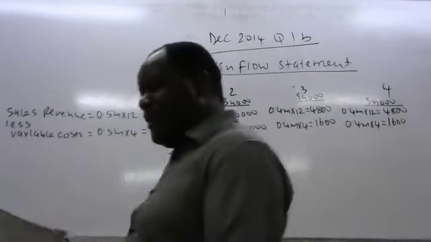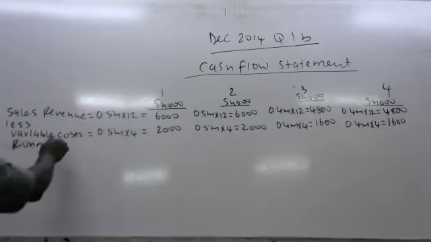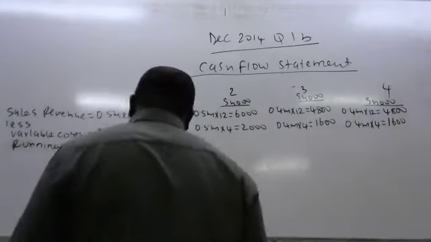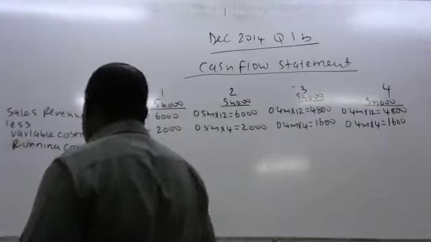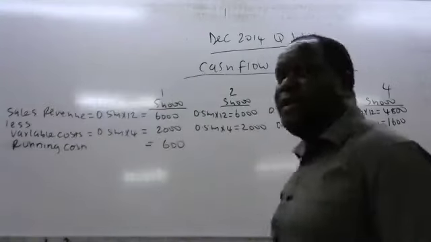Then apart from the variable costs, there were also running costs given in the question. We also less the running costs. So running costs for year 1, they gave you 600,000.